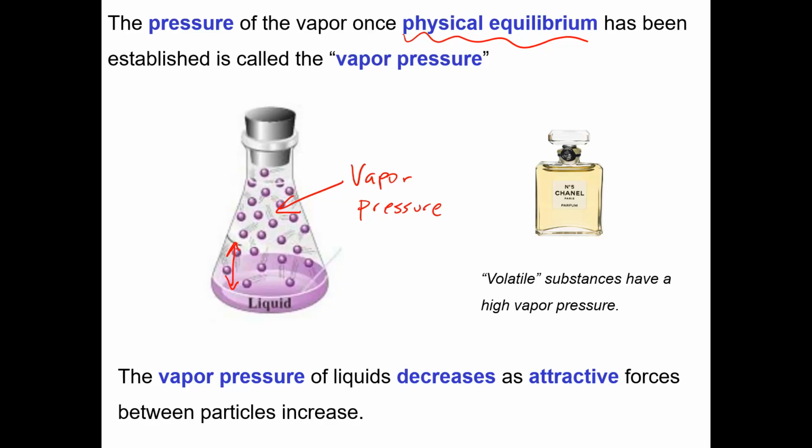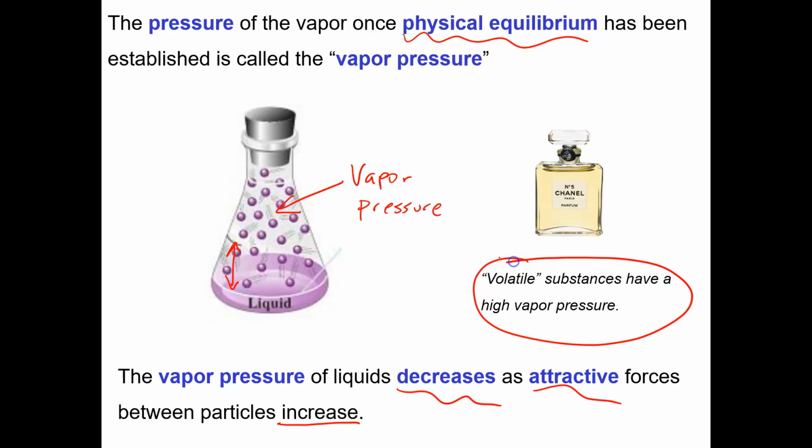Some properties of the vapor pressure that are important to realize is that the vapor pressure of a liquid decreases as attractive forces or intermolecular forces between the particles increase. So, the stronger the intermolecular forces, the lower the vapor pressure.